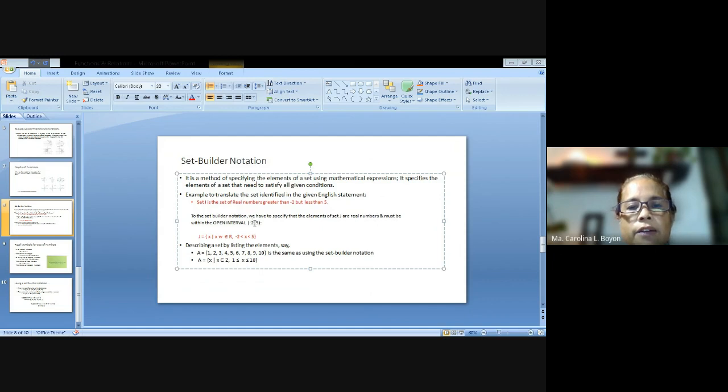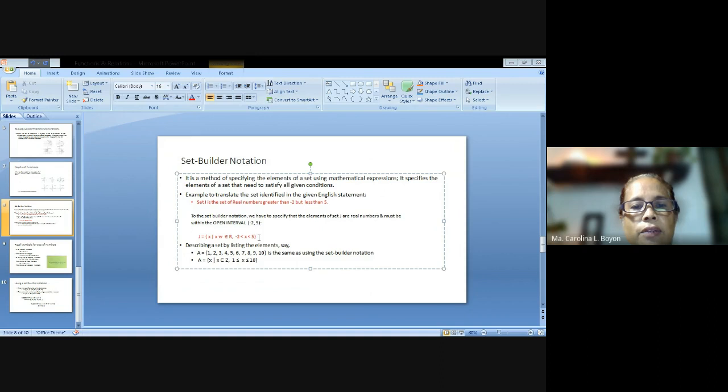That means the endpoint on the left, -2, is not included and the rightmost value of 5 is also not included in the set. So we are saying that this is an open interval, not a closed interval.